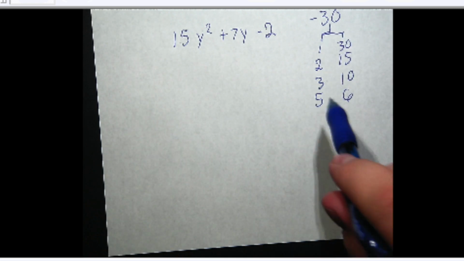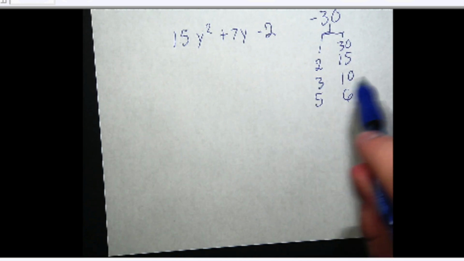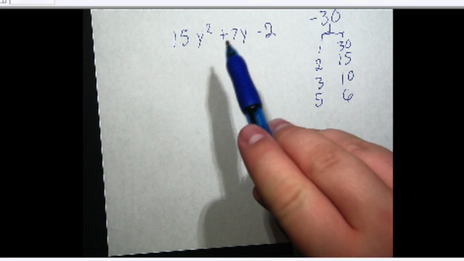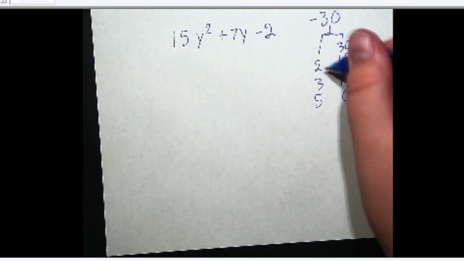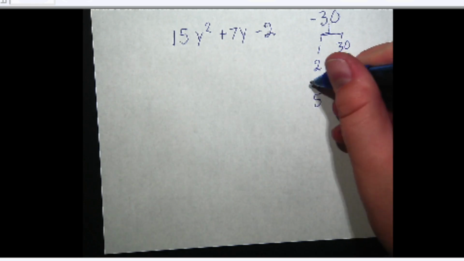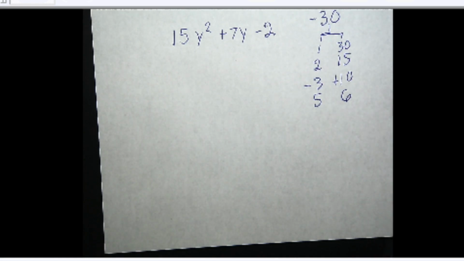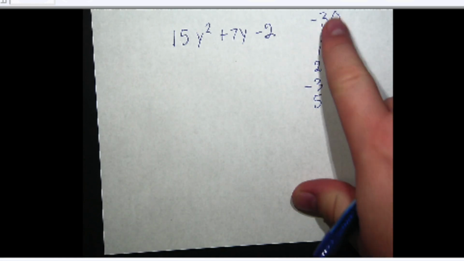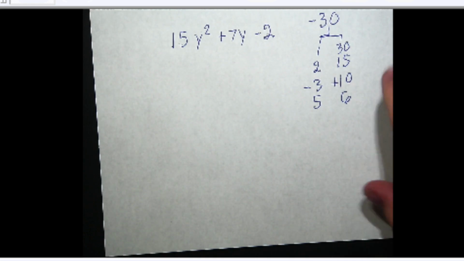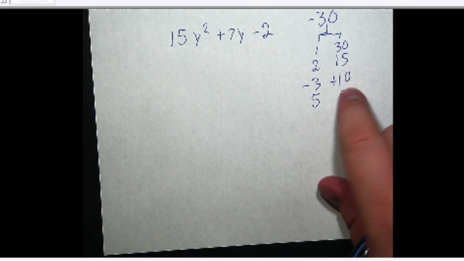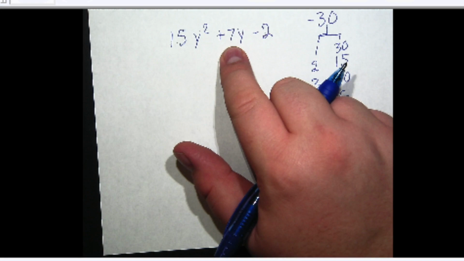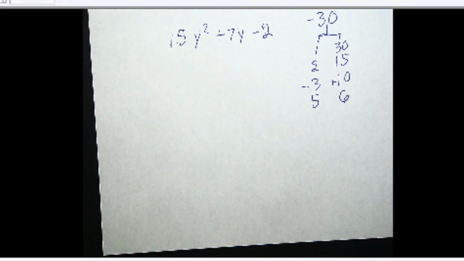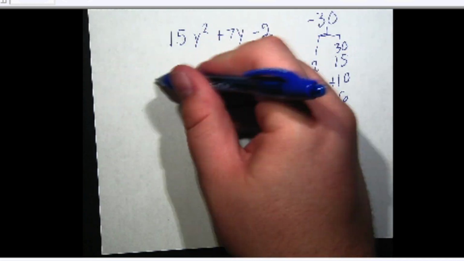Okay? And when we add them, they need to give us positive 7. So if we make this positive 10 and negative 3, negative 3 times positive 10 gives us negative 30. Good. Negative 3 plus 10 gives us positive 7. Also good.